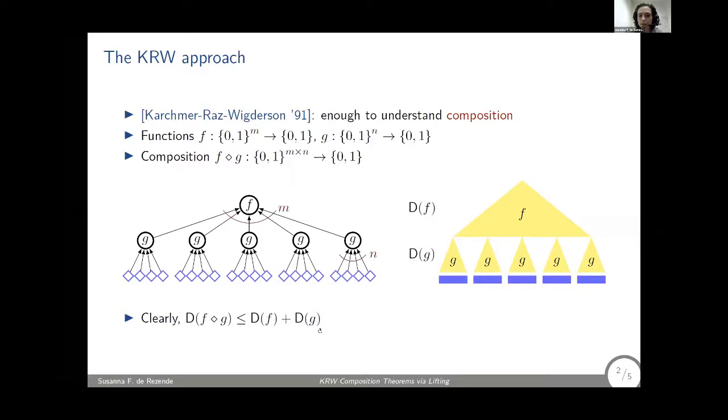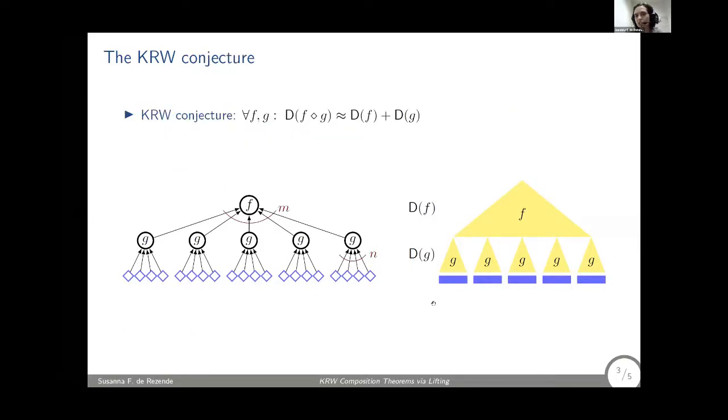So the KRW conjecture is saying that this circuit is essentially optimal. So for every non-constant functions, the depth complexity of the composed function is approximately additive.